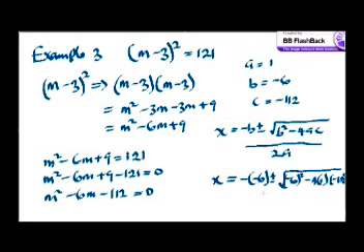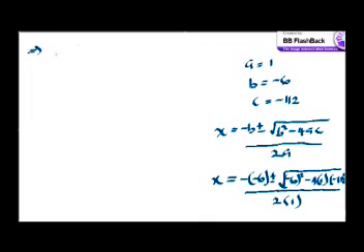I don't have a space. Everything here divided by 2 brackets 1. Now I'm going to continue with this by quickly removing this so that I can have space to solve. I'm going to have minus minus 6 will give me 6 plus or minus square root of minus 6 squared is 36 minus 4 times 1 times minus 112, which will give us plus 448.